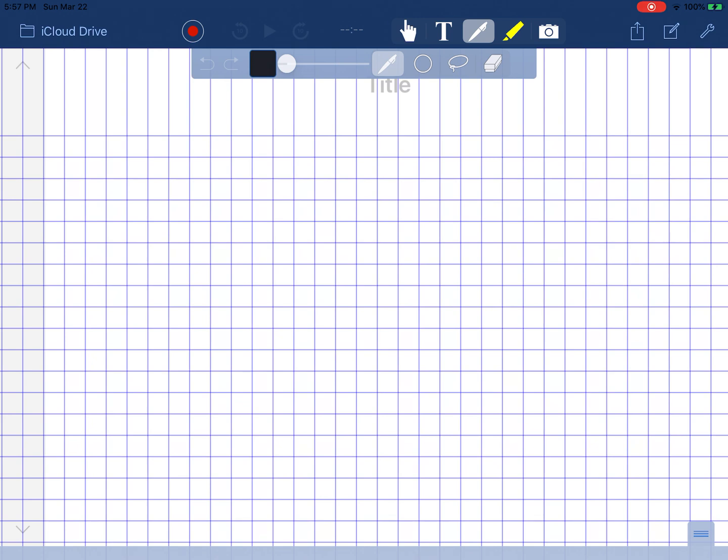And today we're going to look at section 4.1 of the Stewart book, and this is on exponential functions. We're going to start by looking at the exponential function base 2.